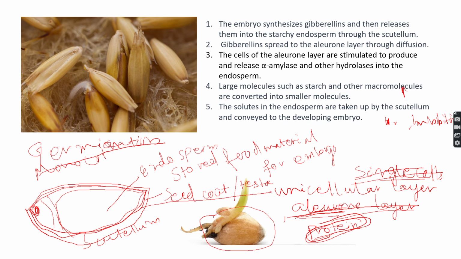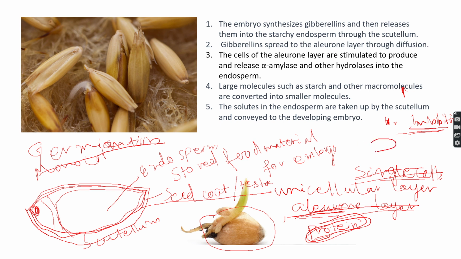I hope everyone is understanding imbibition. If anyone is not understanding imbibition, just comment down below. I will make a separate video on imbibition, diffusion, osmosis, water potential, everything. So it starts with imbibition.